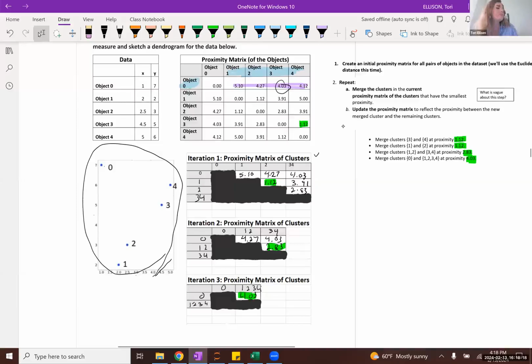All right, so that concludes the algorithm. We're going to take this information and use that to construct our final dendrogram. But any questions on anything I've done so far?